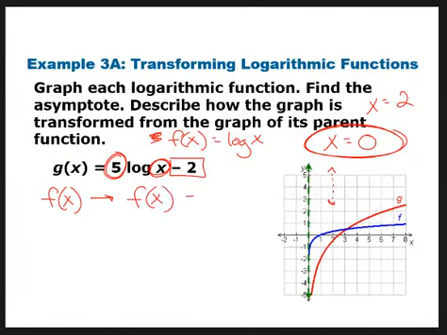So I'm taking the entire function and subtracting 2, which would represent a vertical translation by -2 units, or down 2 units.